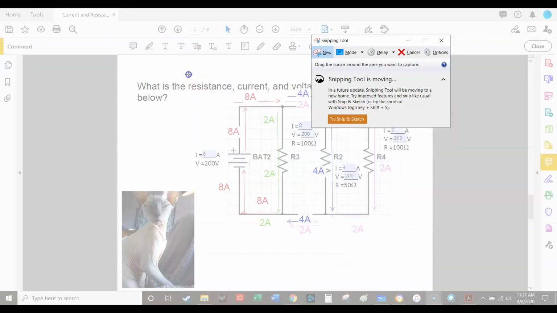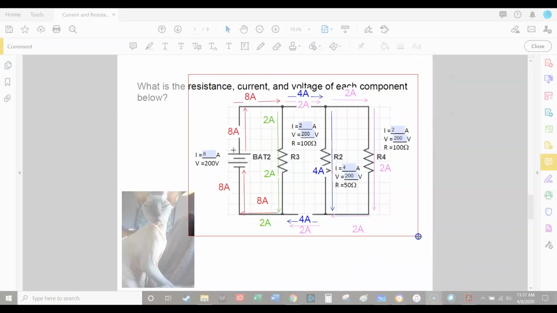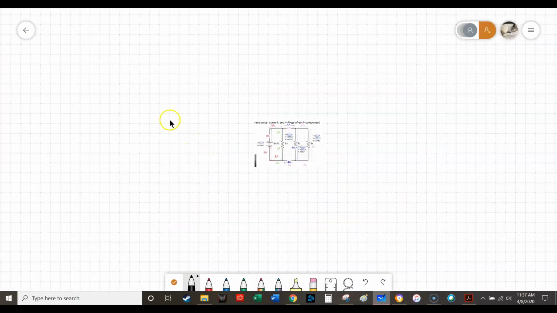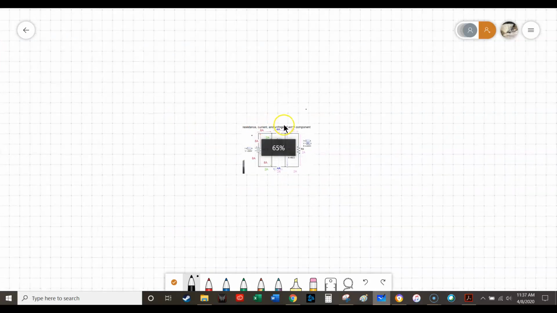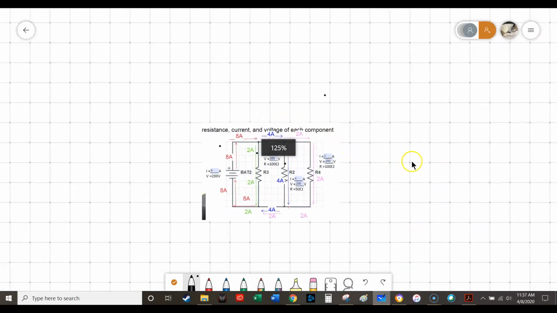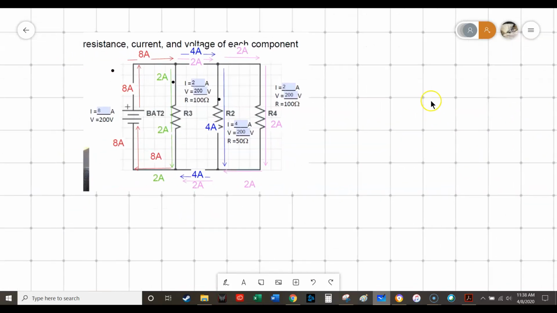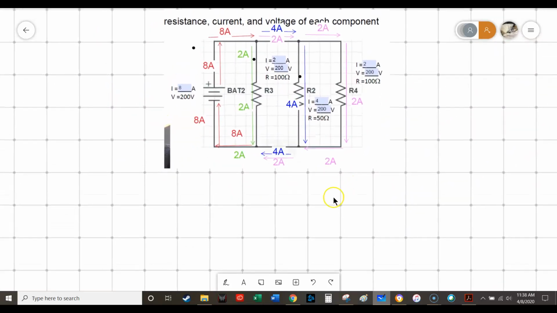See if I can get the whole problem this time. And I'm going to go ahead and copy that in as a prompt. And we're going to draw this right here.